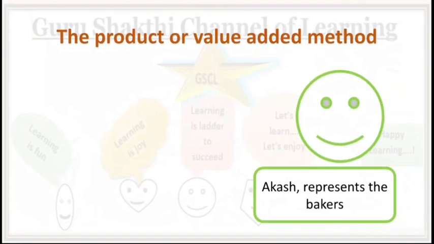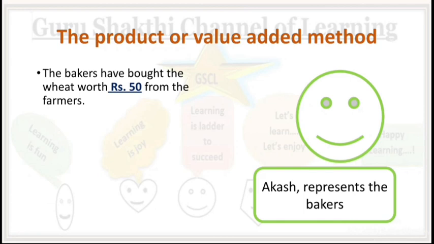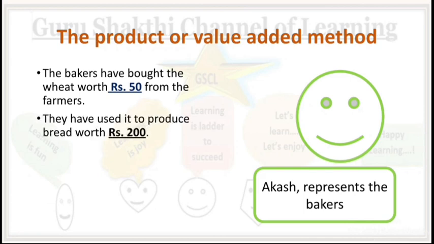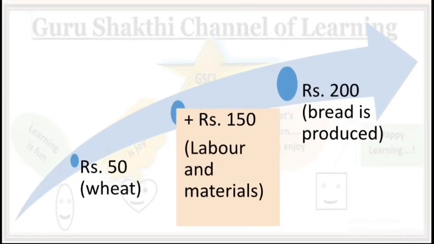Now, the bakers group Akash has wheat, the main raw material. Using it and other ingredients, they produce bread, and the value of bread they made in a year is rupees 200. What did the Akash group do?